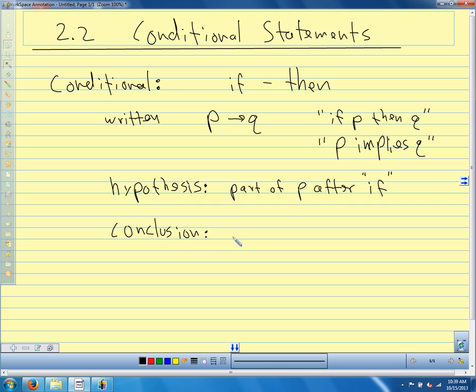The conclusion is the part of Q after then. So anytime we have something that we can write as an if and a then, we have a conditional statement. A hypothesis, the first part after if, and the conclusion, the second part after then. We don't include the if and the then in the hypothesis or the conclusion.